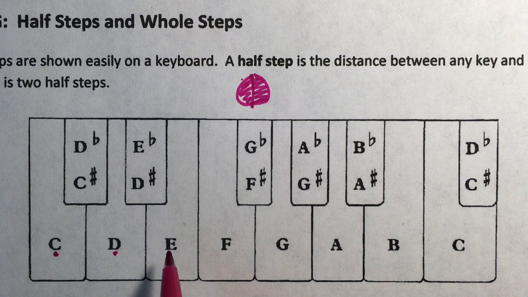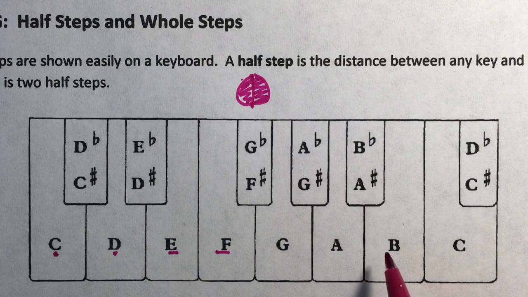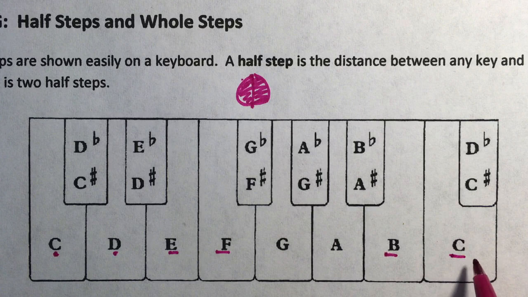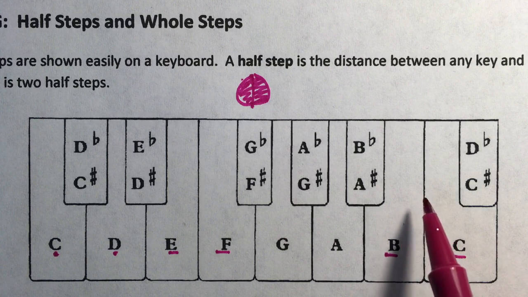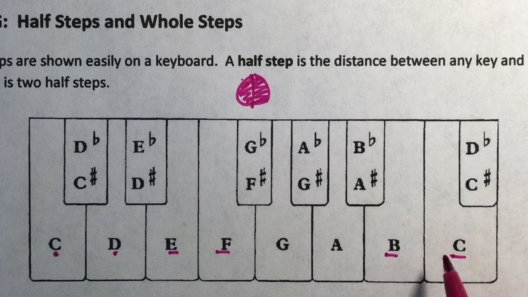E to F, we did that one a second ago. E to F, there's no key in between, so E to F is a half step. B to C, there's no key in between, so that would be a half step.